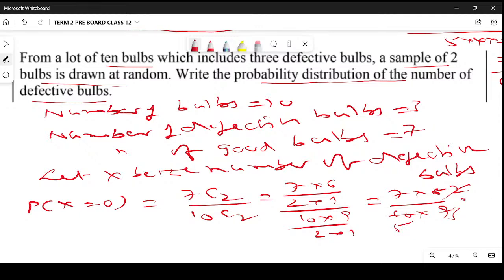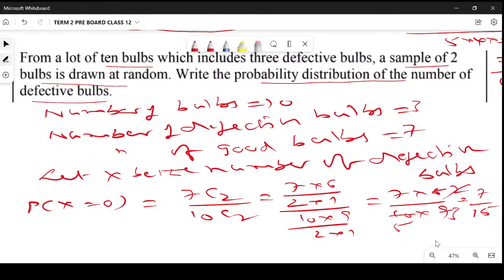So this will be 7 by 15. Correct, 7 by 15.